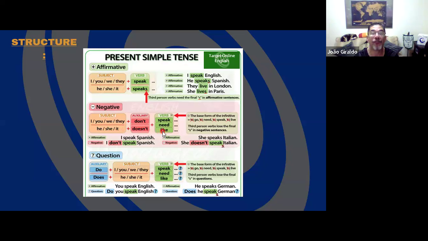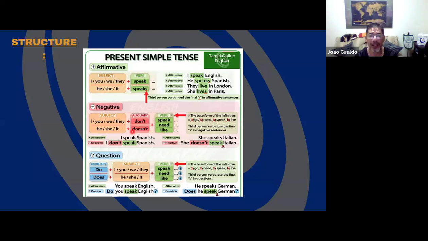Doesn't, my verb returns to the action mode, the infinitive mode, no variation, because I have the auxiliary verb. So he likes; in negative, he doesn't like.